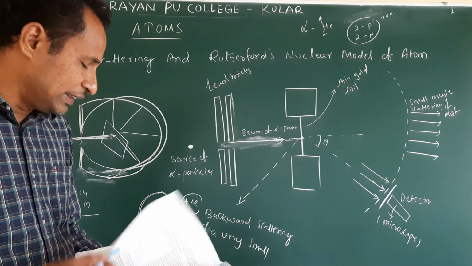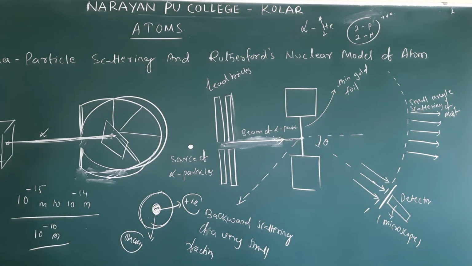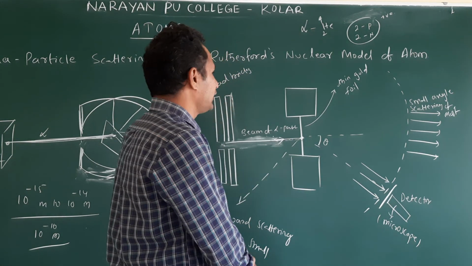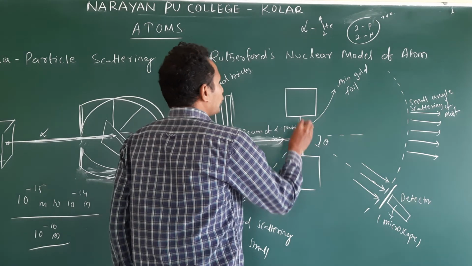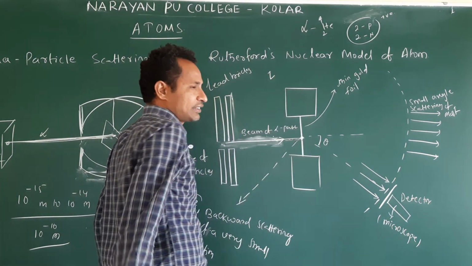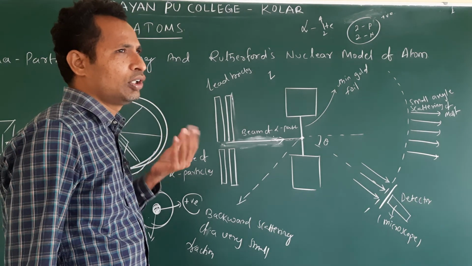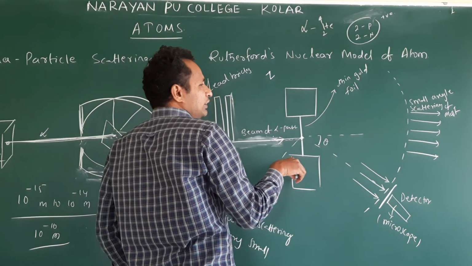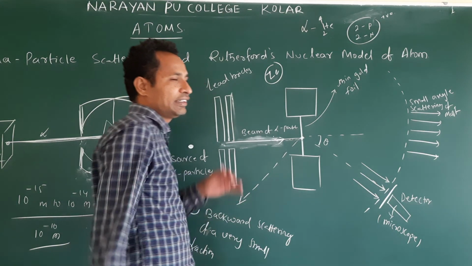So why do these particles scatter? Why do they not penetrate through the nucleus? He mentioned it clearly. Which foil is taken? Gold foil is taken. So gold, if you take the atomic number as Z, what is the charge? Suppose the positive charge is Ze.